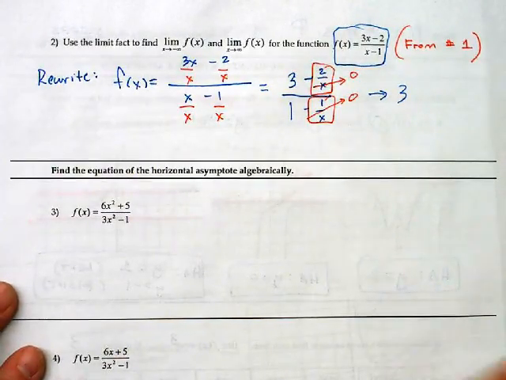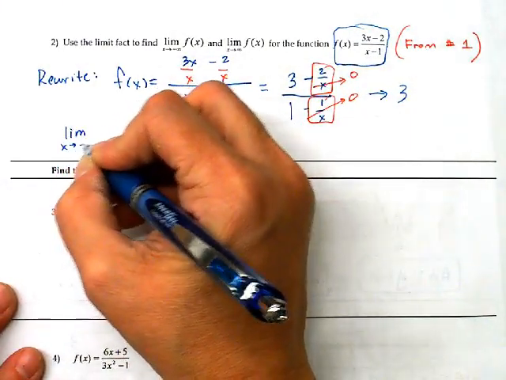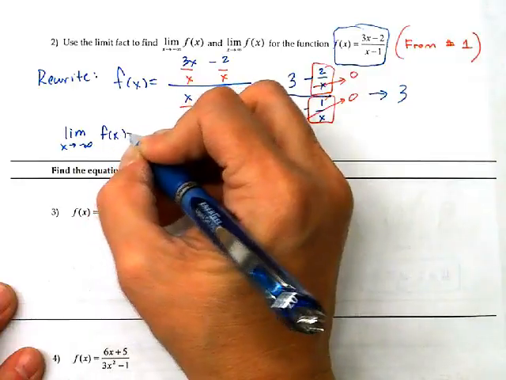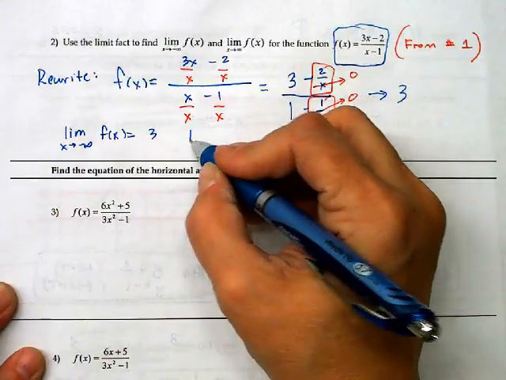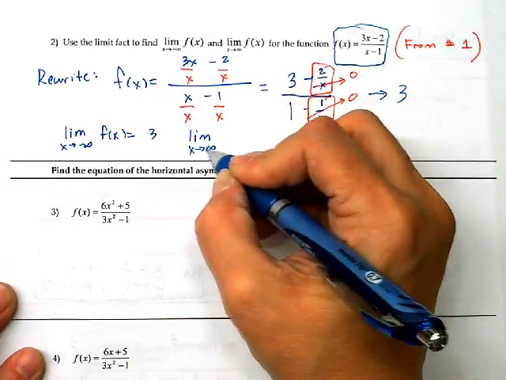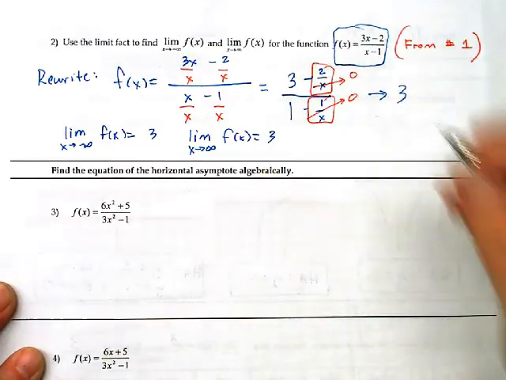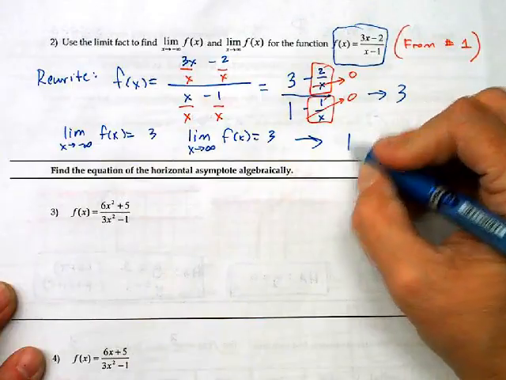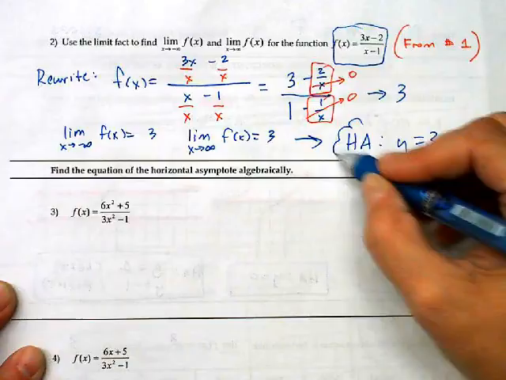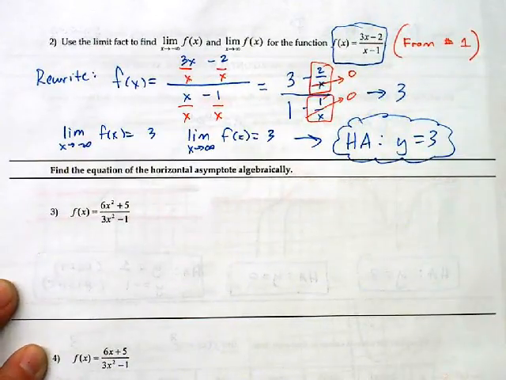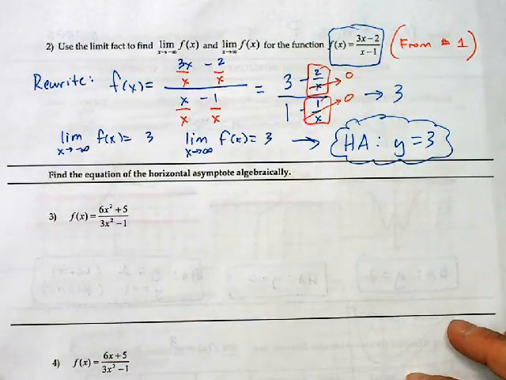If we were to write that with limit notation, it looks something like this. The limit as x approaches negative infinity of f of x equals positive 3, and the limit as x approaches positive infinity of f of x equals positive 3. And the conclusion that we then should draw from that is there is a horizontal asymptote, and its equation is y equals 3.